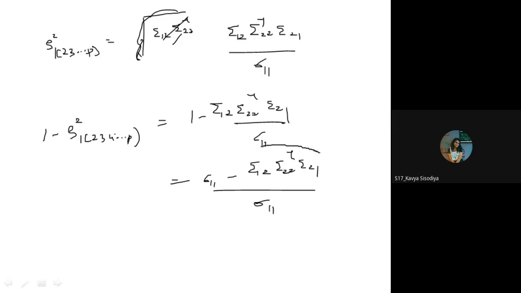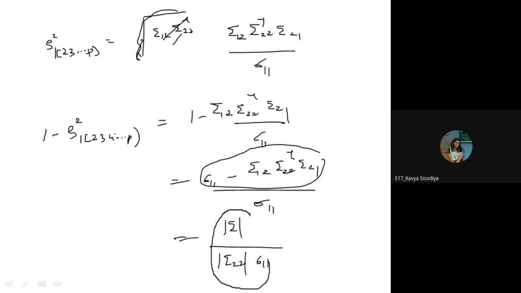And this is nothing but the determinant of sigma upon sigma 22, and this is nothing but sigma 11. So if you convert this quantity into the form of the correlation, you can write it as determinant of R divided by determinant of R11.